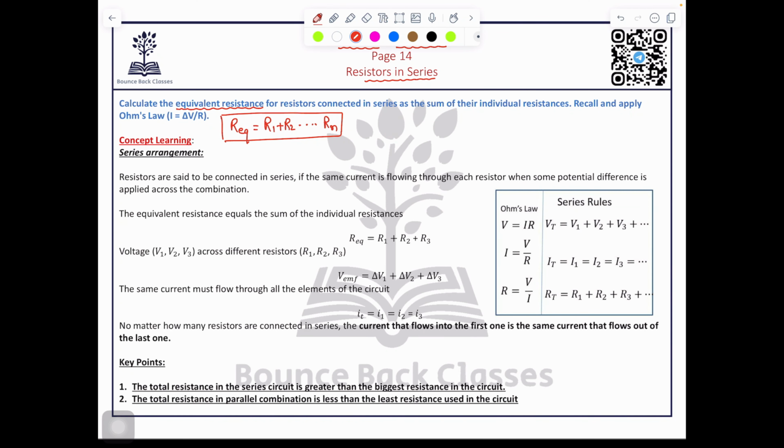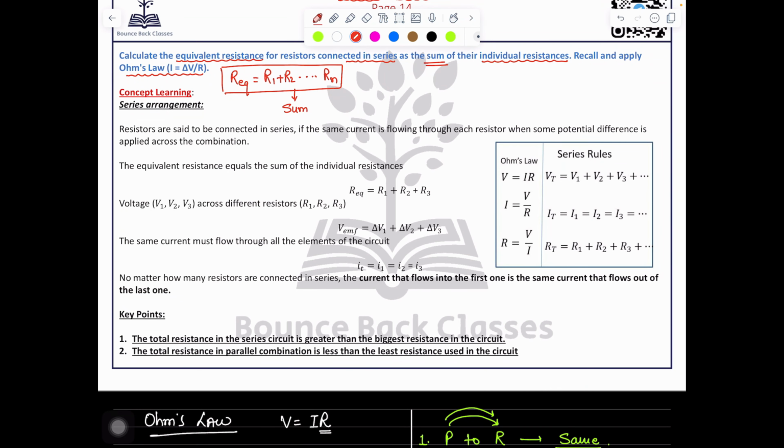Okay. For resistors connected in series, this is the sum of individual resistance. This is the sum of individual resistance. Clear? And what are we using? We are using Ohm's law. Clear, guys? Okay, so what is the R equivalent? R1 plus R2 plus R3, if we have three resistors. How to solve the total voltage?